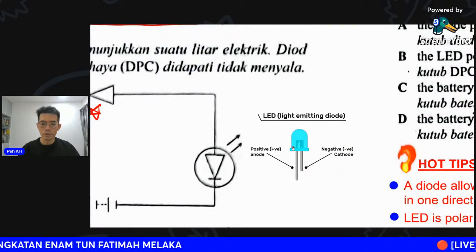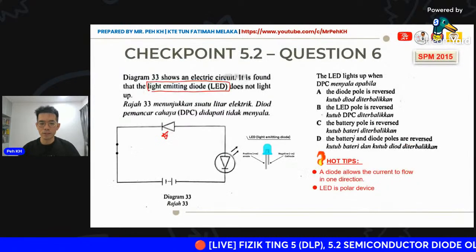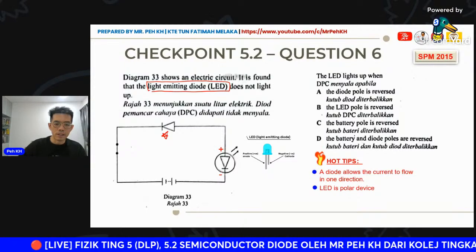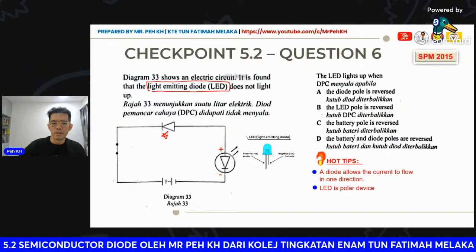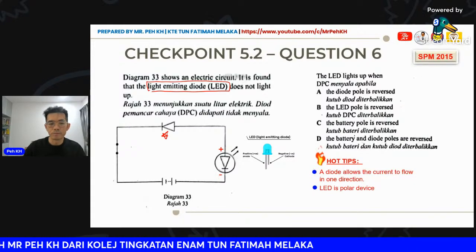The longer leg is positive and the shorter leg is negative. Here the positive will be here, negative will be here, just like the terminal positions of the diode.